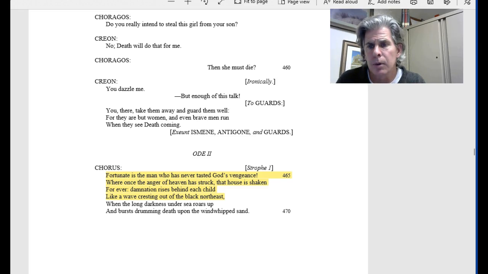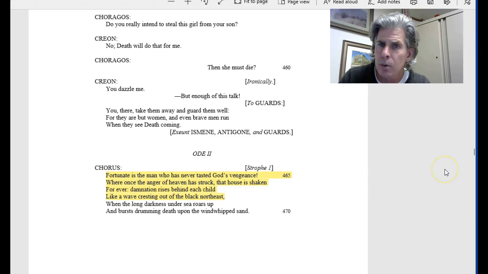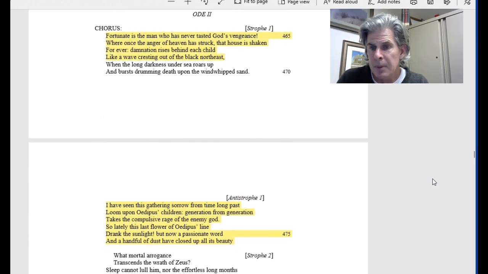So that gives you a lot of the understanding about the chorus, and that should trigger a bit of sympathy for the nature of Antigone. And notice that the chorus wasn't very sympathetic before, but now it's coming in, as if this is a child that cannot resist it. Antigone is in the line of Oedipus, and it's a house that's been cursed from the beginning.